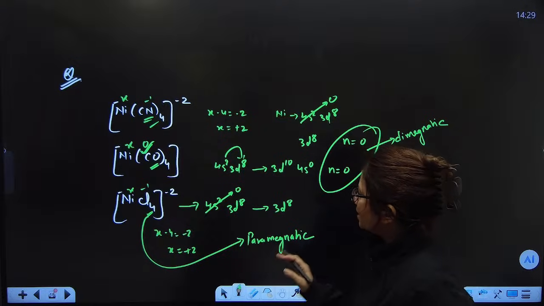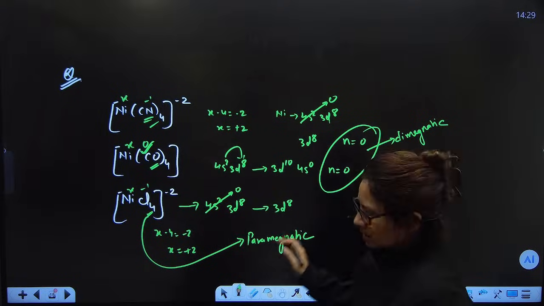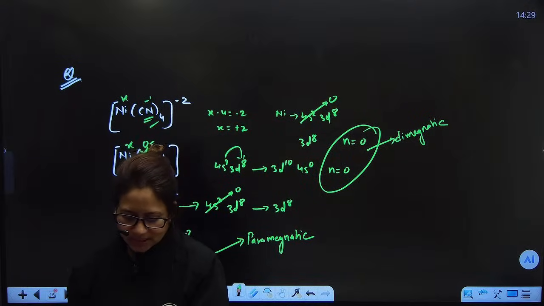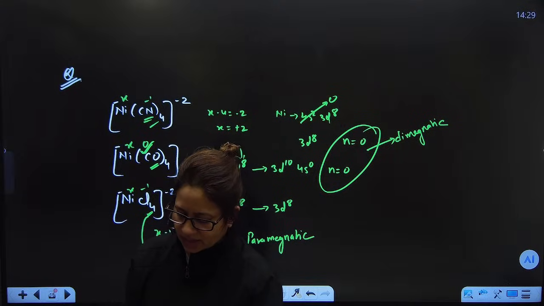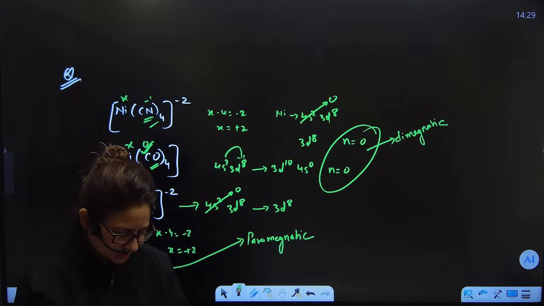So among these options, this is the paramagnetic and these two are diamagnetic in nature. That is given in option 2, that is Ni(CN)4 and nickel carbonyl Ni(CO)4 are diamagnetic, whereas NiCl4 2- is paramagnetic in nature. Easy question.